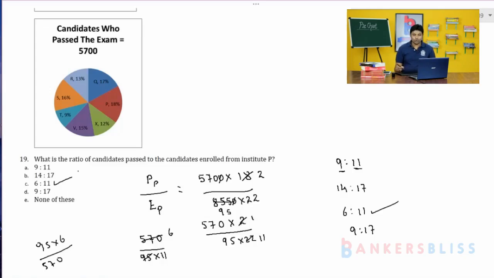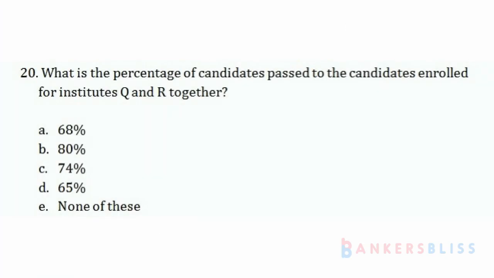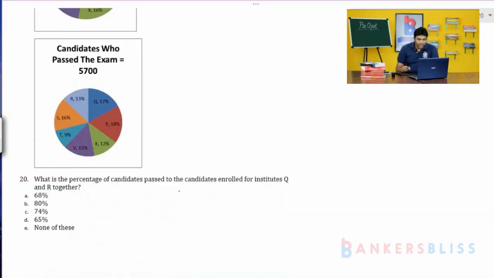Okay, let's move on to problem number 20. What is the percentage of candidates passed to the candidates enrolled from Institute Q and R together? So for Institute Q and R, the people who have passed, to the people who have enrolled, we have to calculate the percentage.